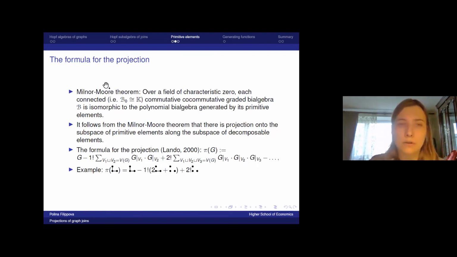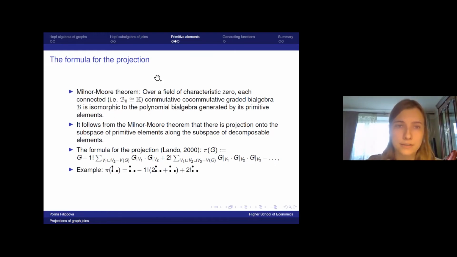But first, it's important to know that the Milner-Moore theorem states that some graded bialgebras are isomorphic to the polynomial algebra generated by primitive elements. And in our case, the conditions of this theorem hold.